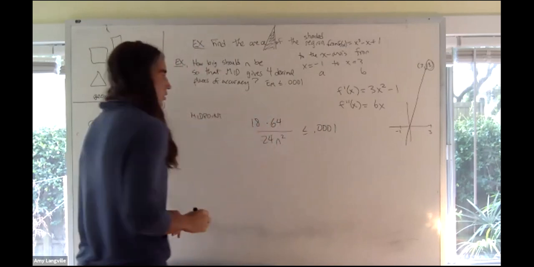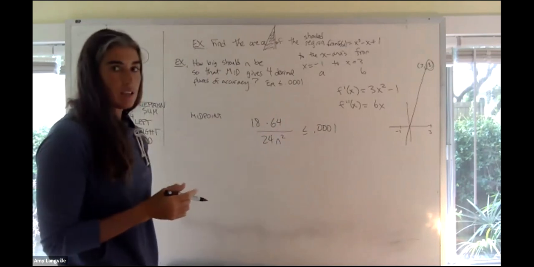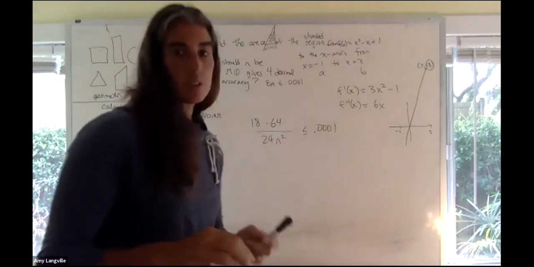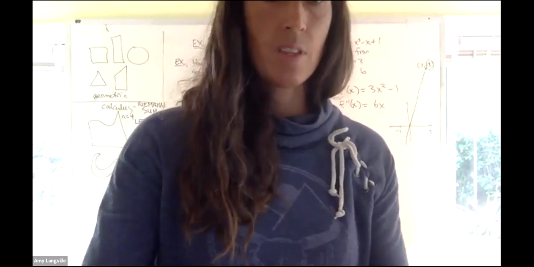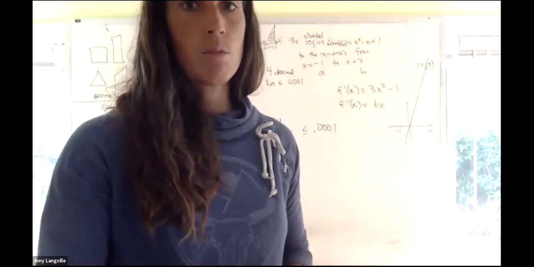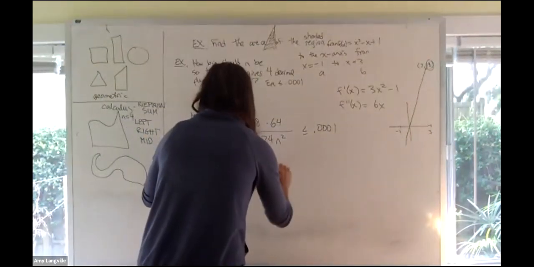And now we want to solve this inequality for n. We just want to move some stuff around and figure out what's the n that's going to make this true. So 18 times 64, let's see what that is. 1152. So the numerator is 1152.